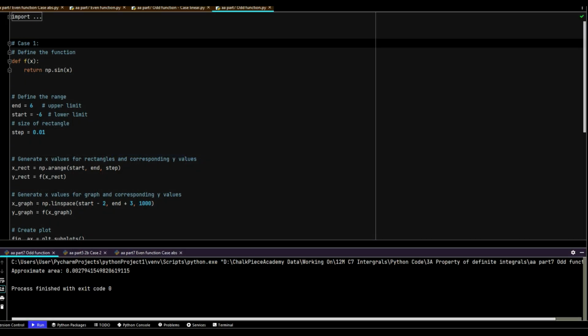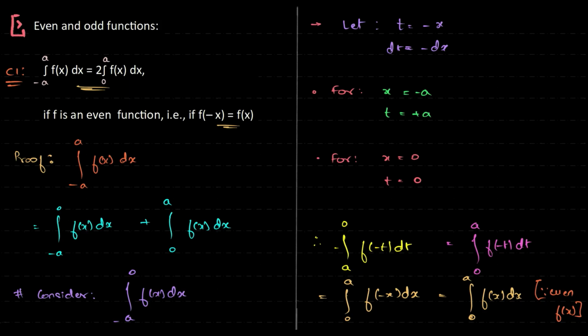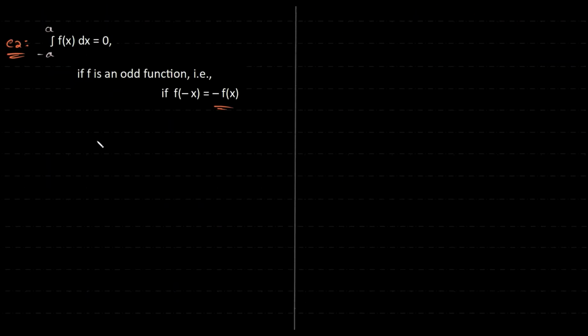Okay, so you can have a look at all of this and copy it off. Here the example is the integral from minus 10 to 10 of sine of x dx.